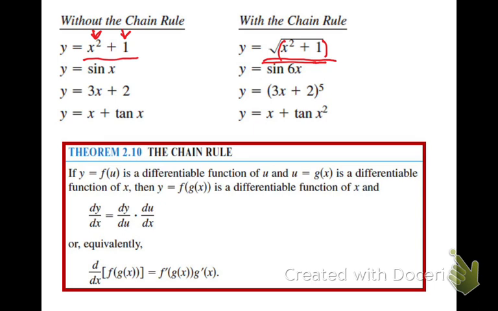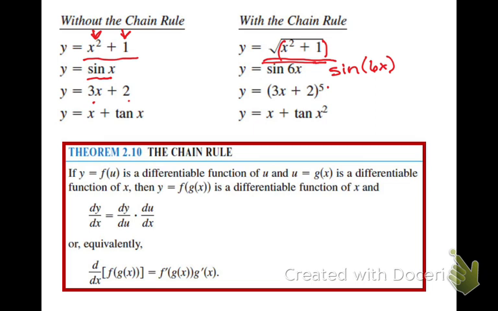They're not tied together. So I can find the derivative of sine without the chain rule, but if I have sine of, and I hate it when they do this, this is sine of 6x. Do I have something in sine other than x? Yes. So that would cause me to use the chain rule. On the left, I have 3x plus 2, but on the right, I have 3x plus 2 to the fifth.